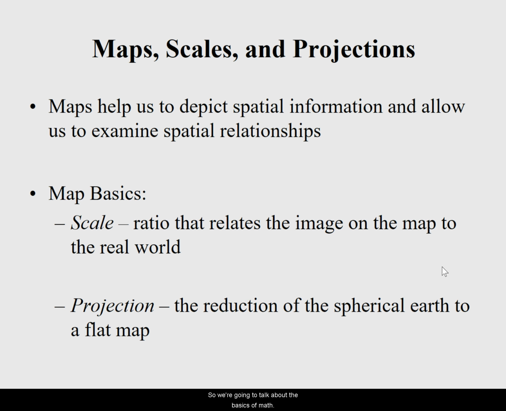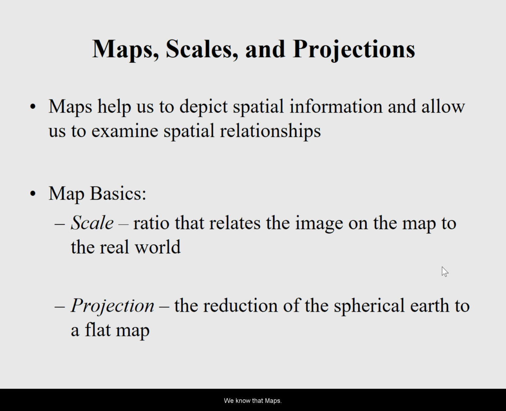So we're going to talk about the basics of maps. We know that a map is not a true representation of the Earth itself. It's a reduced depiction of the Earth. And we know that there's a scale on the map that helps us define the size of things on the map as it pertains to the real world. A scale is a ratio that relates the image on the map to the real world.